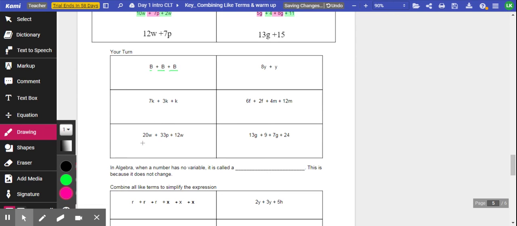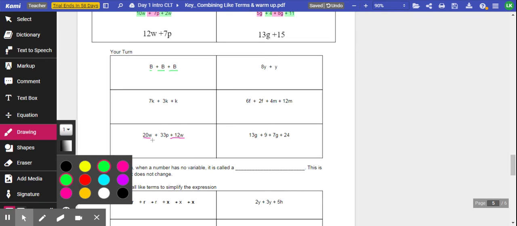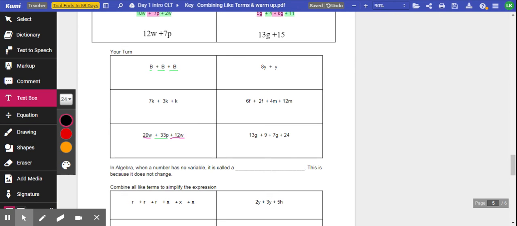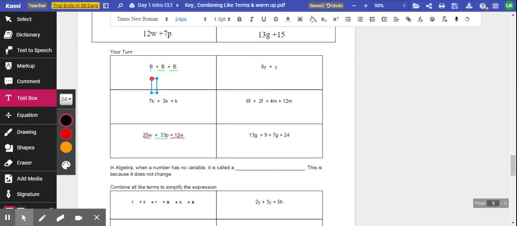When you get down here, maybe I can use this and that to identify them. That's your choice. But I would like you to write the simplified term. All right, so pause the video and do these 6 problems now. Then hit play and check them.